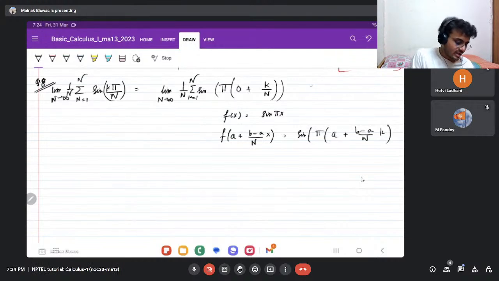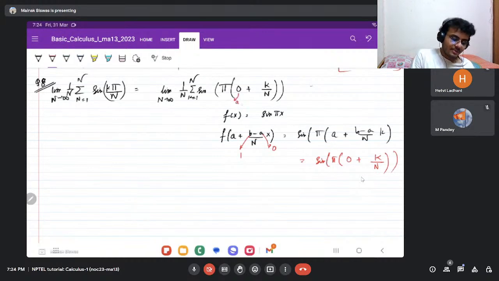And here I will take b as 1 and a as 0. Agreed? This is easy to understand. So 1 by n into sine of pi k by n is your original function.